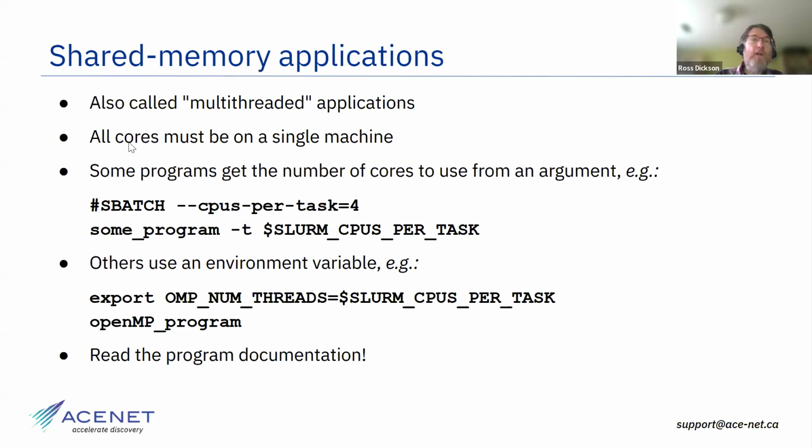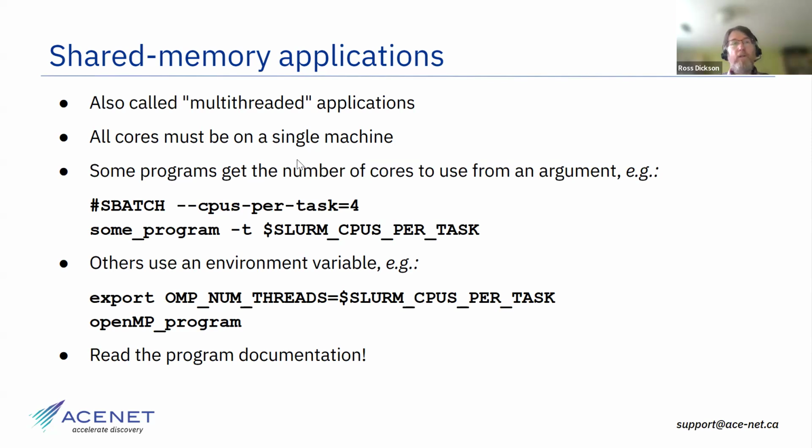The key feature in any case is the second bullet point here. All cores must be on a single machine, all CPU cores. So how the application decides how many cores it's going to use, there's a great wide range of possibilities here.